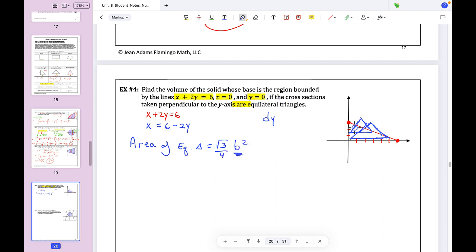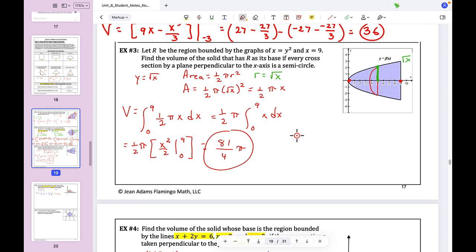So if we look at our triangle, here's my base. The base is going from the y-axis to here. That's the x distance. The base is the x value. So for the base, we're going to use 6 - 2y, because x = 6 - 2y.